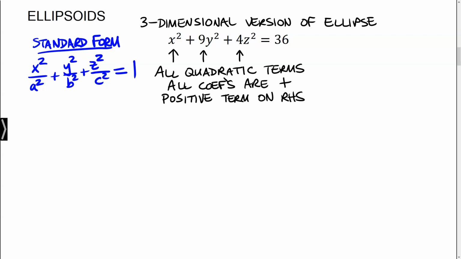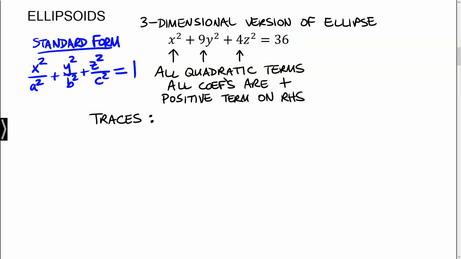So let's talk about the traces here. Normally we would have to look at the traces separately, whether x, y, or z are held constant. But in this case, it doesn't really matter, because if we hold x, y, or z equal to a constant, since these all have positive coefficients, we're going to get the same type of curve. Imagine x is equal to 3.